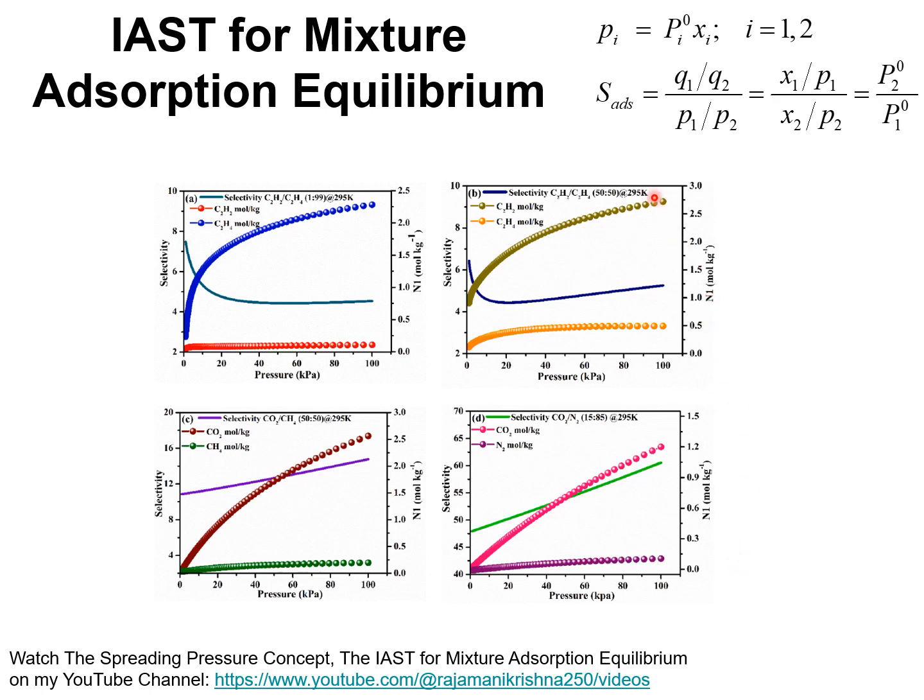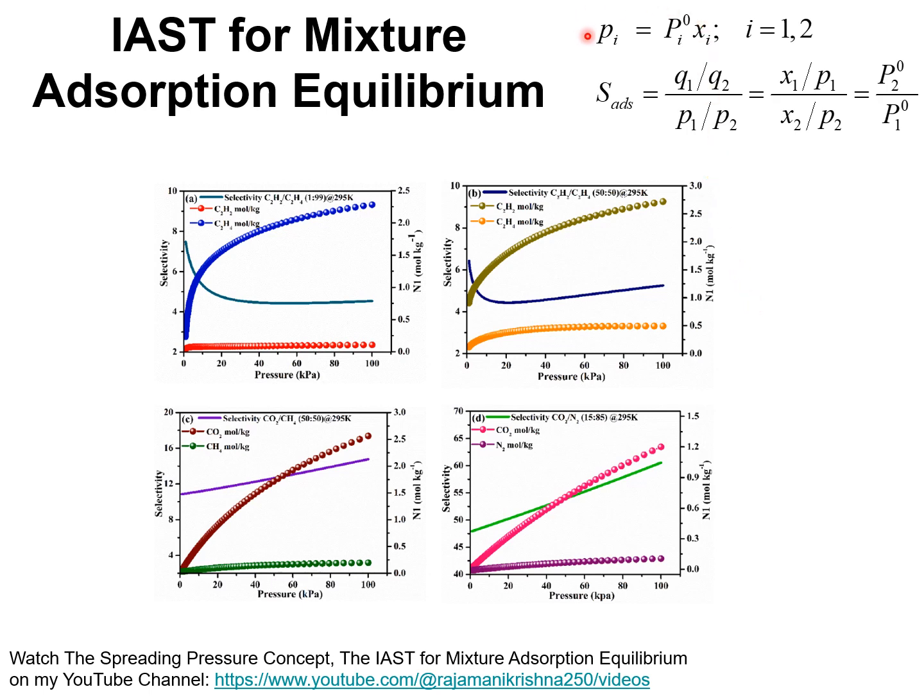Basically, the partial pressure of any gas component i in the bulk gas mixture, P sub i, is related to the mole fraction of that component in the adsorbed phase, x sub i, by this expression in which P sub i superscript naught is the sorption pressure.